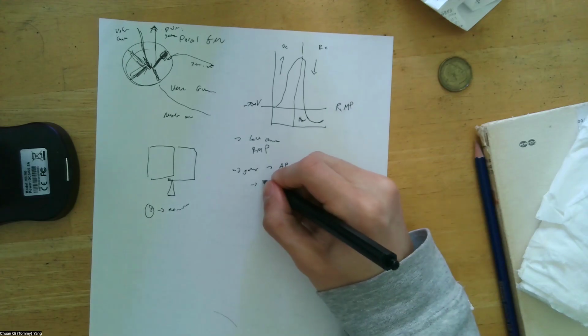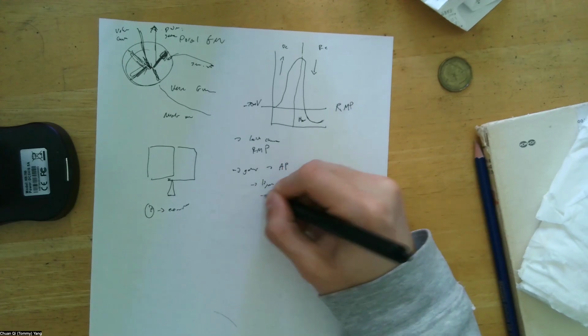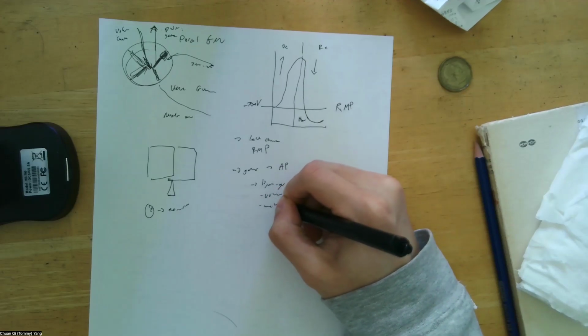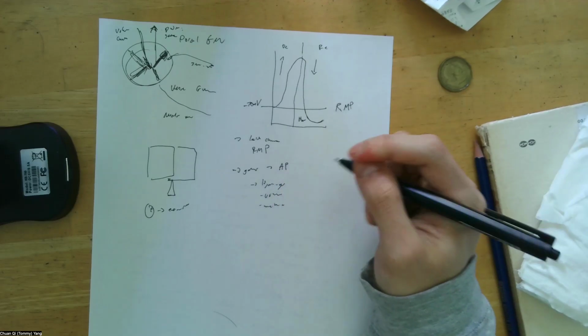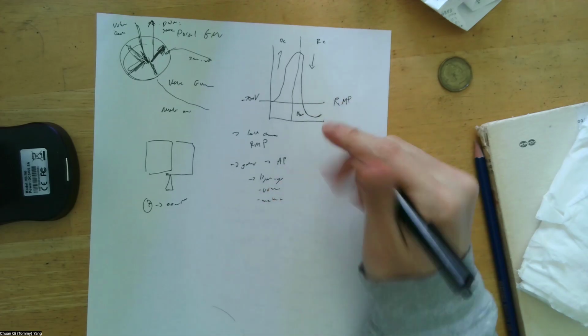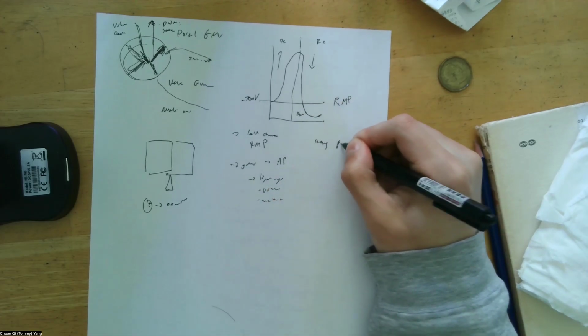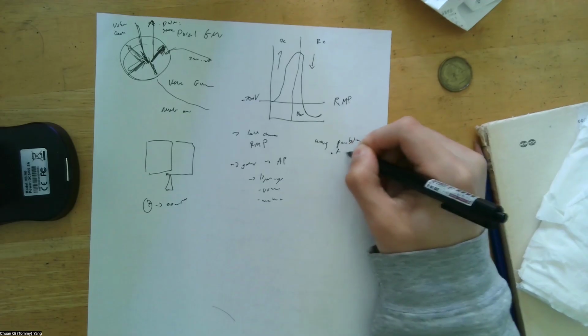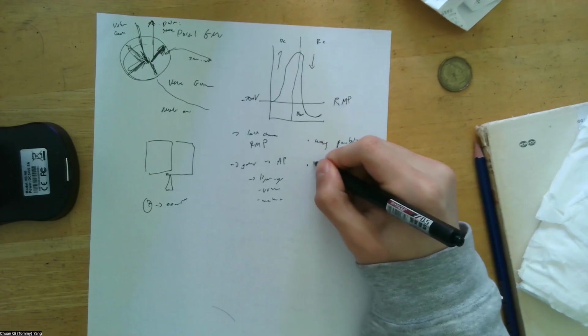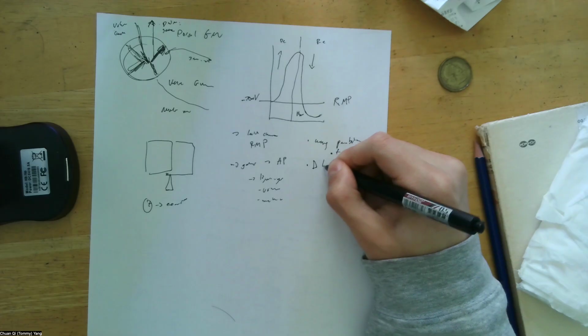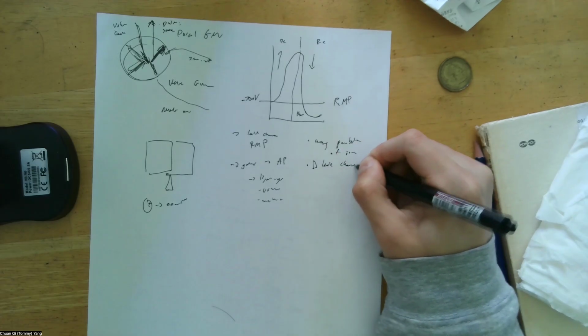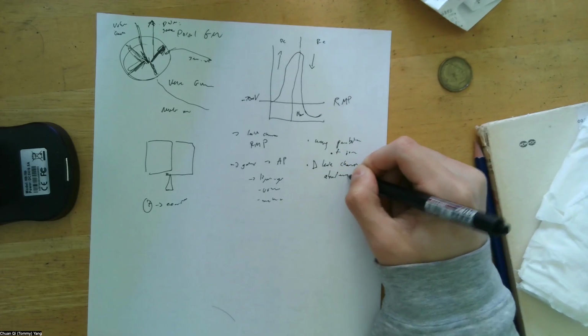This can include ligand gating, voltage gating, or mechanical gating. The resting membrane potential is due to an unequal permeability of ions. This is due to differences in leak channel abundances.